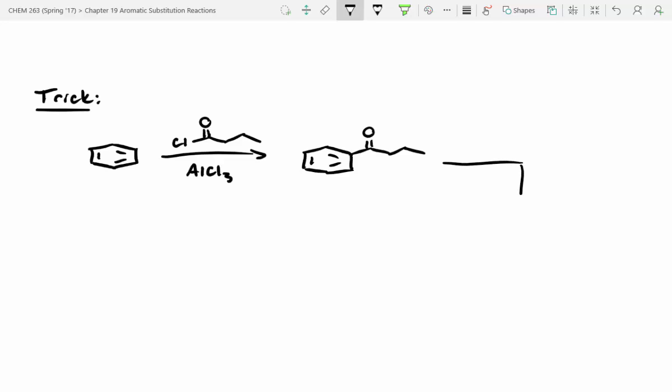And now what we can do is do a super green reaction involving a zinc-mercury amalgam and HCl. And you end up with only that alkylated product.